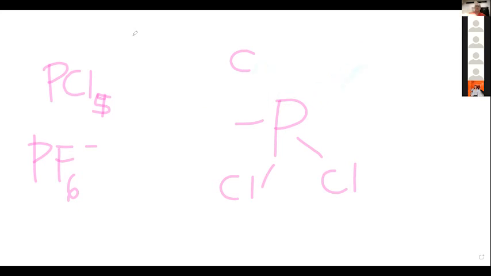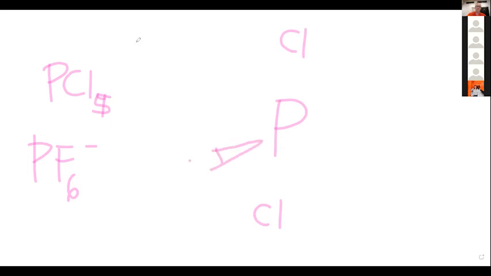So the phosphorus is in the middle, and you have one chlorine pointing up, one chlorine pointing down, and then 3: one out, one back, and one in plane. I should have drawn that a little better. More like this.